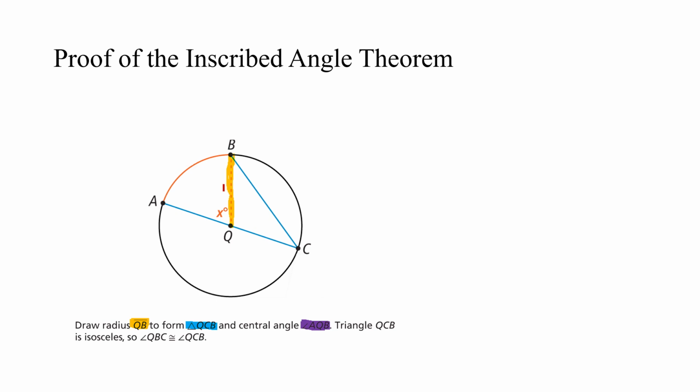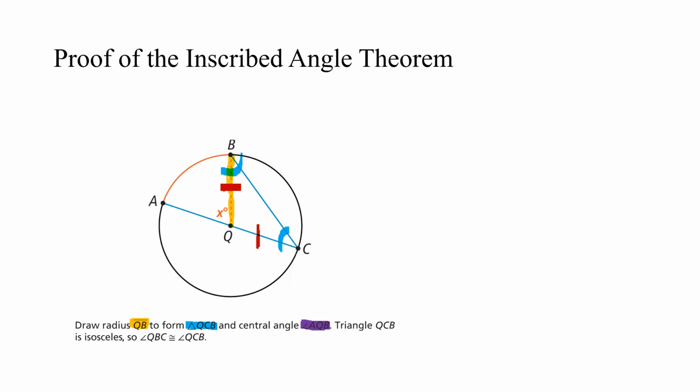Because the segment that we drew, QB, is a radius, and QC is also a radius, those two segments are congruent to each other, meaning that triangle QCB is an isosceles triangle, and the angles across the congruent sides are going to be congruent.